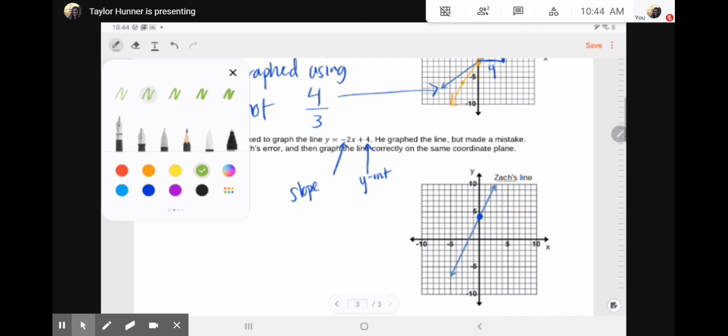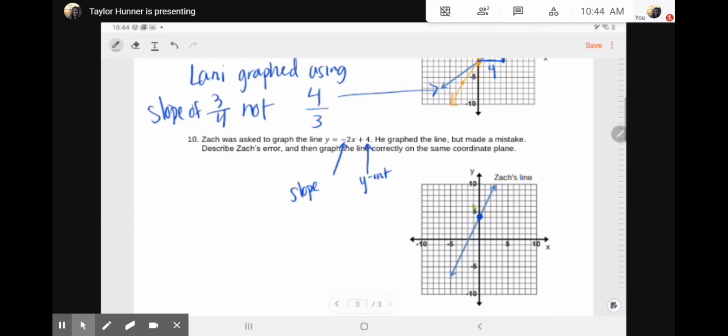Zach graphed using a positive slope. Our slope was actually negative. So if he had just flipped his line around to look like that, it would have been correct. So Zach used a positive 2 as the slope, not a -2, which would have been correct.